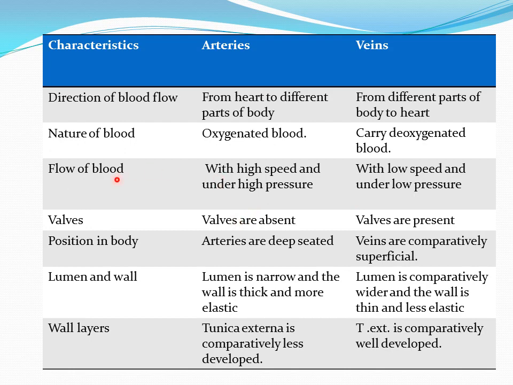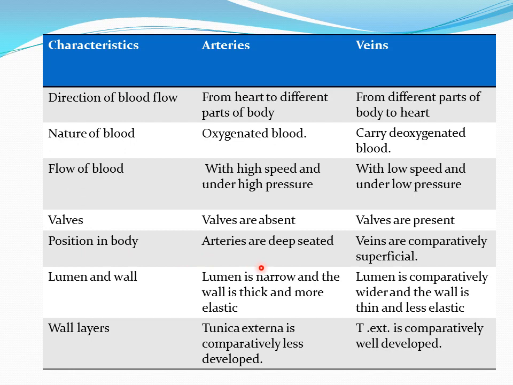On blood flow, in the arteries it flows with high speed and under high pressure, whereas in veins it flows with much lesser speed and under low pressure. Depending on the valves, valves are absent in arteries and present in veins. Now position in the body: arteries are much deeper seated in our body.